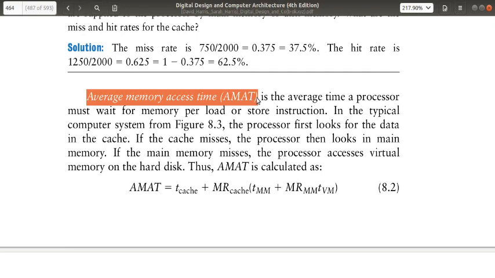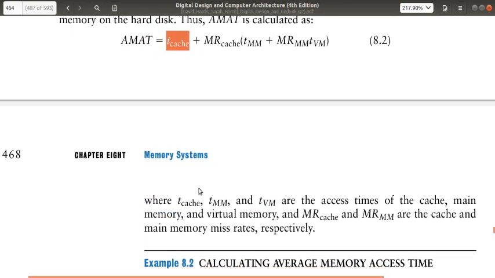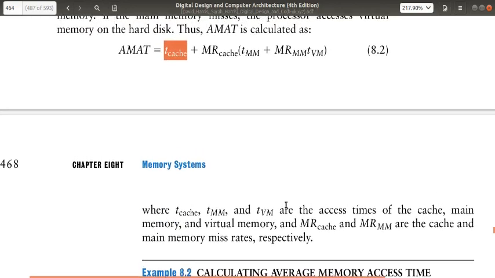So first, where will the processor look? It will look in the cache, so the time for accessing the cache is there. T cache is the access time of the cache.